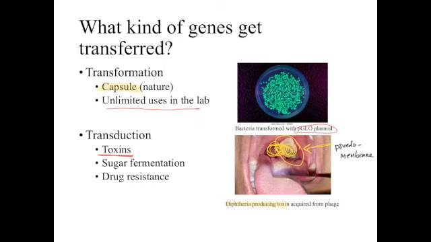Other examples of transduction happening in nature include the passing of genes for sugar fermentation, which is great because it allows bacteria to live in a wider variety of environments and with a wider variety of sugar substrates, and those for antibiotic drug resistance. Okay, let's do our rapid review. Let's start with the beginning. Conjugation requires direct contact between two bacterial cells.